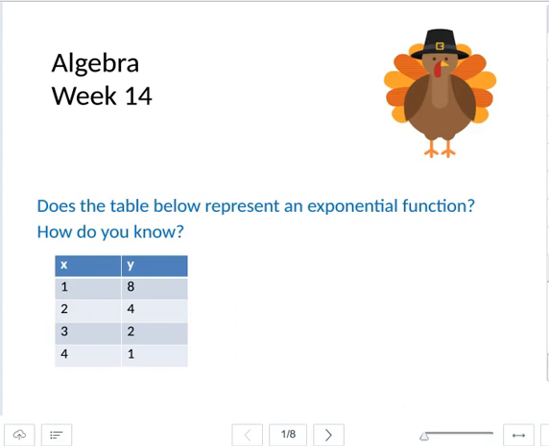So last week we finished up Unit 3 and we moved on to Unit 4 where we talked about geometric sequences and exponential functions. With geometric sequences, if you remember, it's a sequence of numbers where the numbers increase by a multiple.